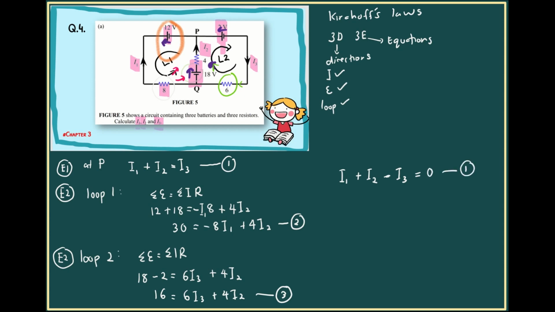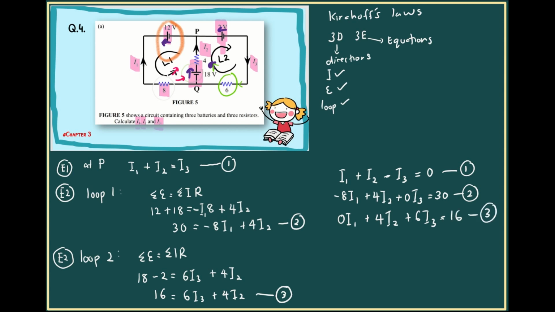Your second equation, we have negative 8 I1 plus 4 I2 plus 0 I3 equal to 0, so we put 0 as if we have I3 there. The last one, we don't have I1, so we just put 0 I1 plus 4 I2 plus 6 I3 equal to 16, the third equation.